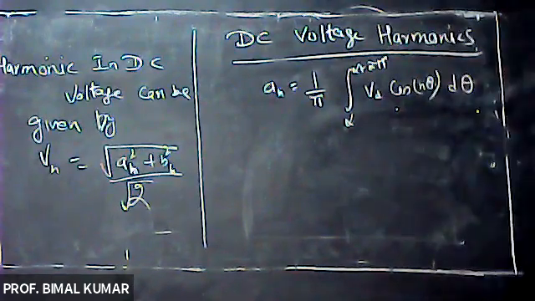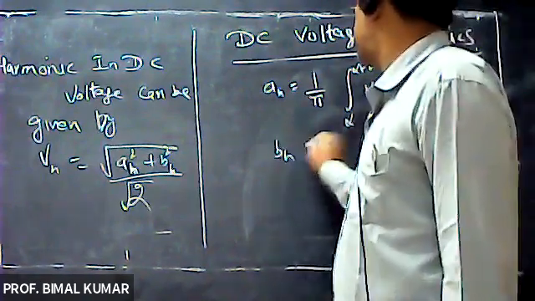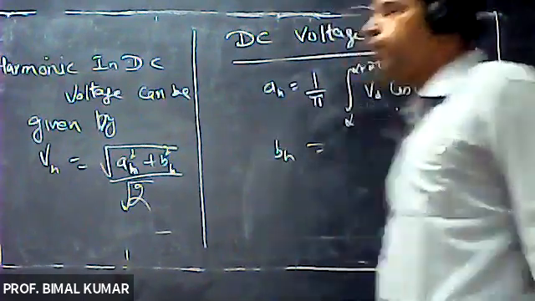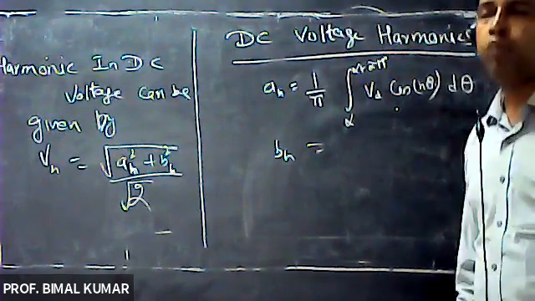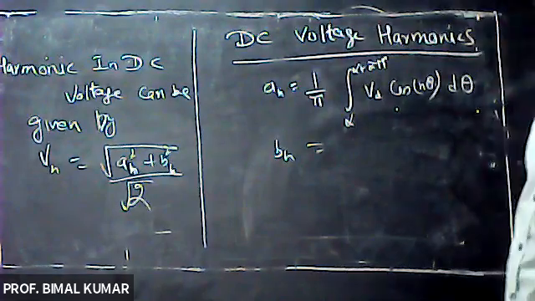Generally in Fourier series these will be a_n and b_n, but because here we are dealing with harmonics, n is replaced by h.